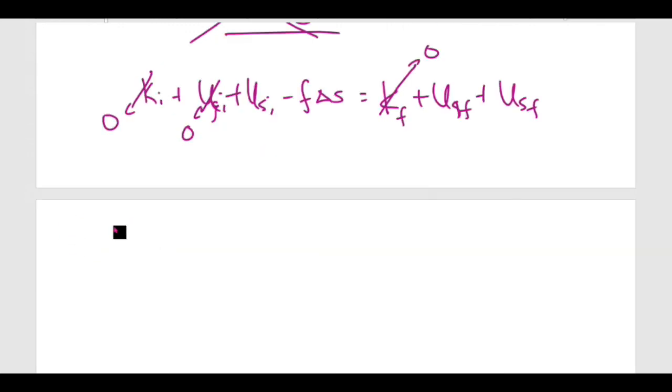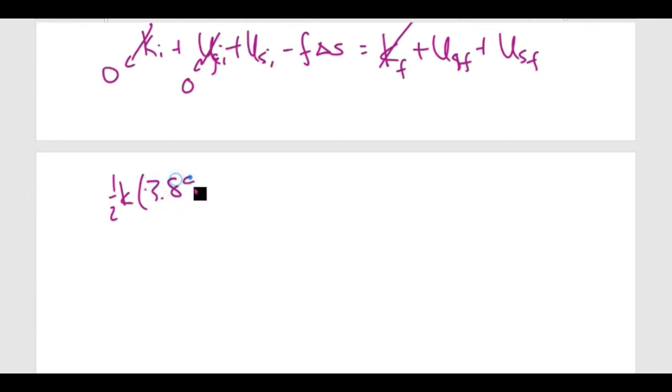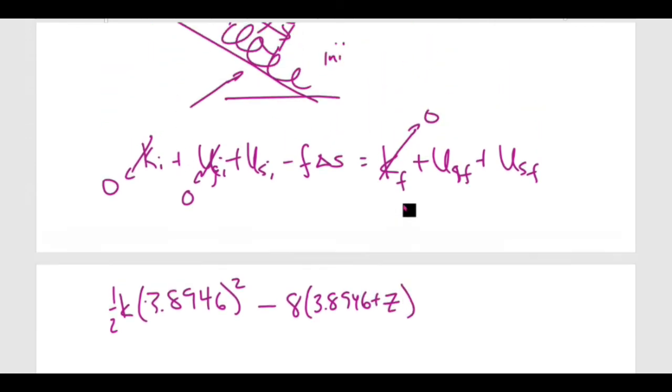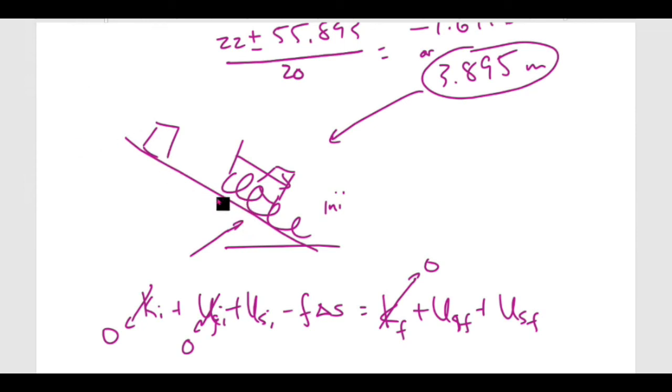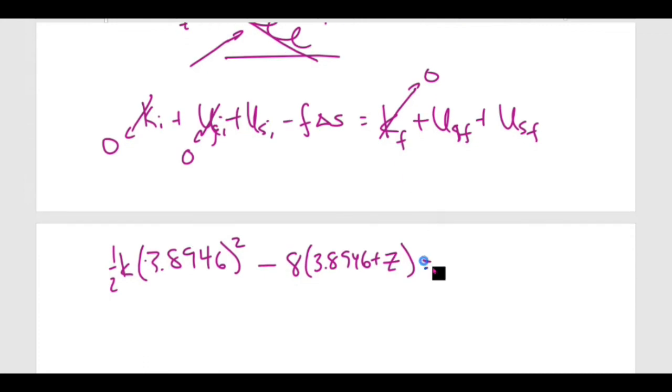And we end up with 1/2 k times 3.8946 squared, minus my friction, which is 8, times how far it goes back up, which is going to be 3.8946 plus z. Let's go ahead and establish that it's going to spring back up a distance z, equals my final, which is mg times 3.8946 plus z times the sine of theta plus 1/2 k z squared.